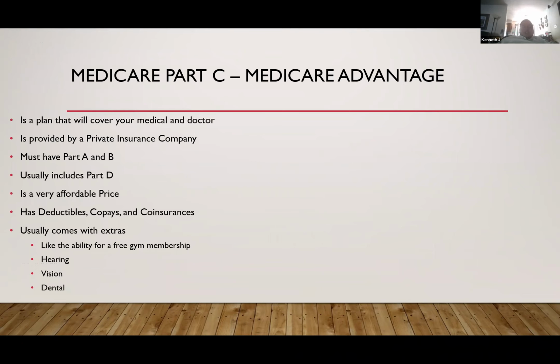Medicare Part C, otherwise known as Medicare Advantage, is a plan that will cover your medical and doctors, and it also covers your hospitalization. It's provided by a private insurance company, must have Part A and B, usually includes Part D. It's a very affordable price.